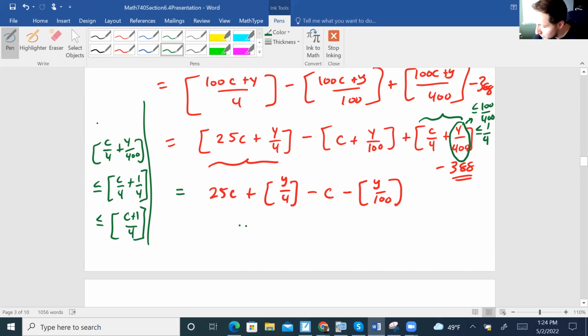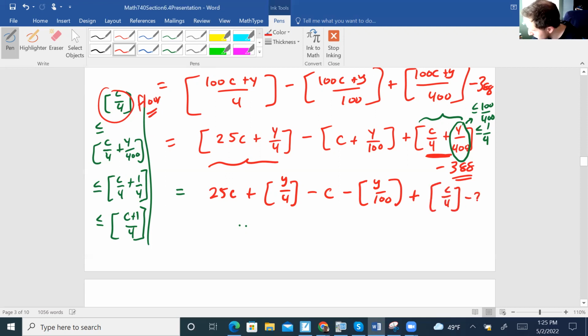But this is also bounded below by greatest integer function of c over 4. And so this result right here is just going to be equal to c over 4, because how we do the greatest integer function is we're going to want to bound it from below, not above. So this would take on the same value as c over 4. I don't want to take the ceiling, I want to take the floor. So I would go to this one.